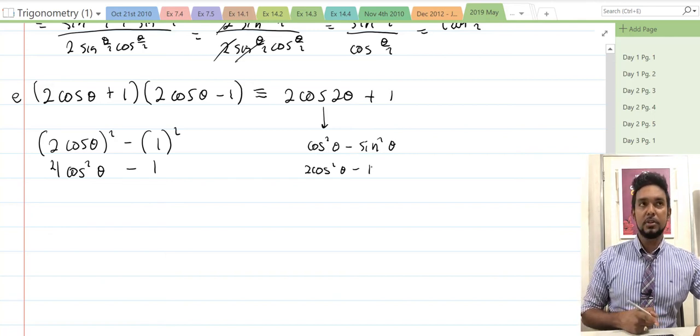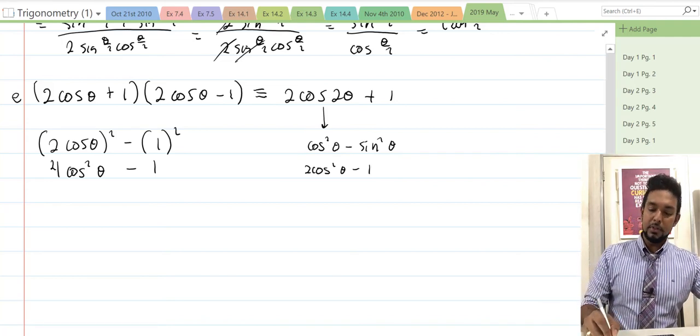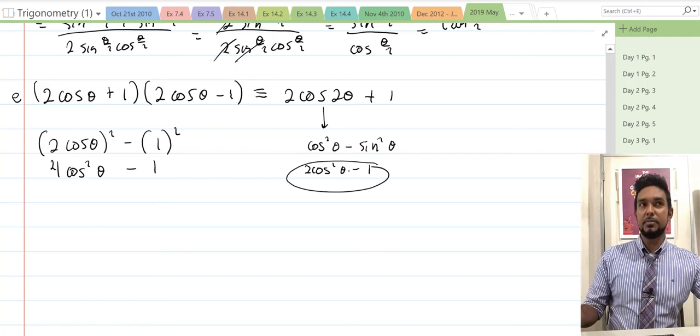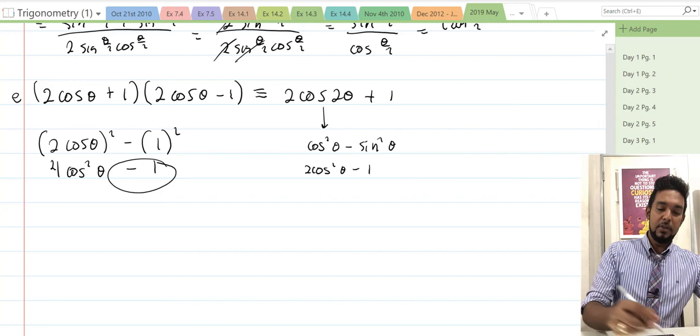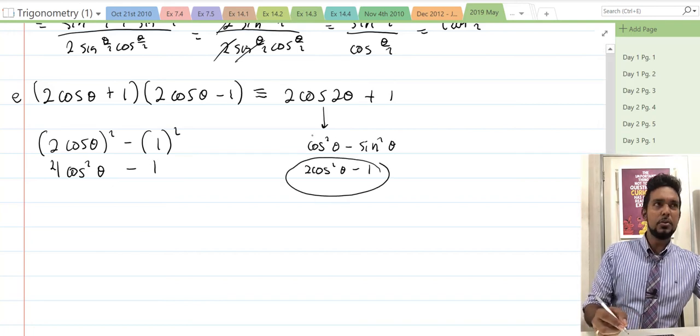Alright, now we have a cos squared theta, but we actually have 4 cos squared theta, right? Which is kind of double this, but the problem is it's missing that minus. I mean, we have a minus 1, but if you double this, wouldn't it be minus 2? That wasn't a trick question.